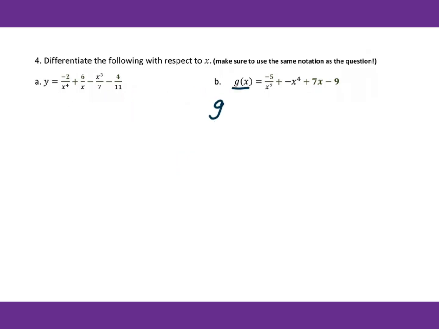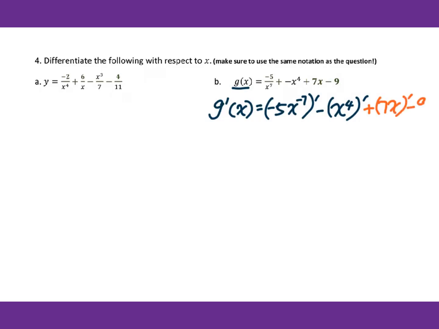We will do g prime of x equals negative 5x to the negative 7th power minus x to the 4th power, we do derivative, plus 7x, we do derivative, minus 9, we do derivative.